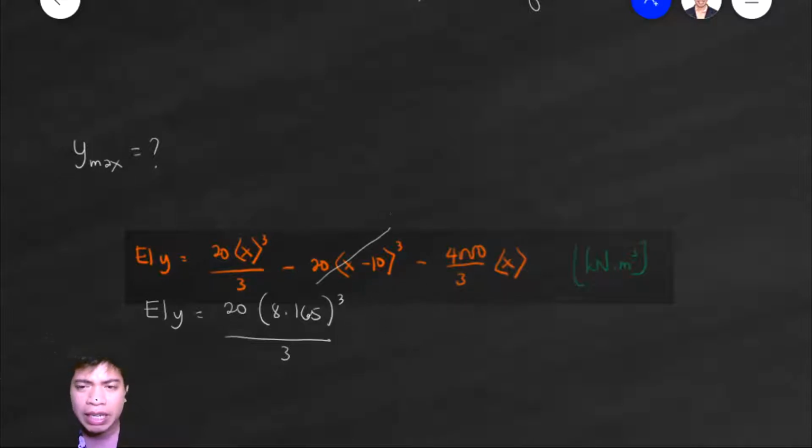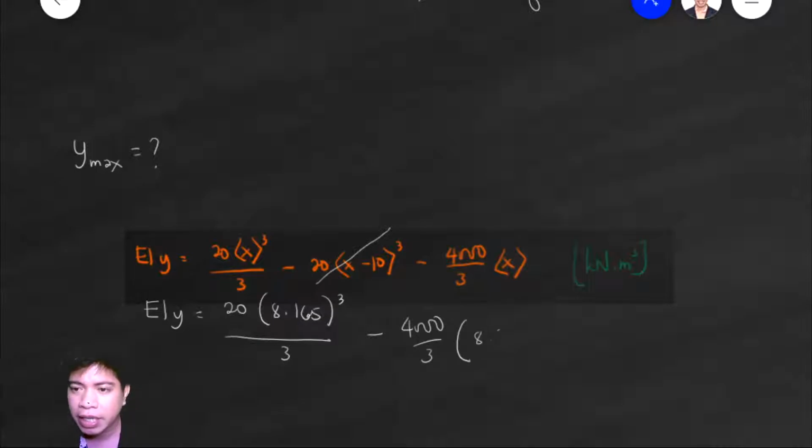Again, take note, kailangan hindi nyo isali yung mga magiging negative. Kasi originally, meron tayong ibang moment equation na gagamitin para sa first segment. Ito kasi is para sa lahat, sa last segment kasi to na equation, di ba? Hindi ito dapat kasali itong term na to kung sa first segment lang yung ginawa nating equation. Okay? So, minus 4,000 over 3 multiplied by x.